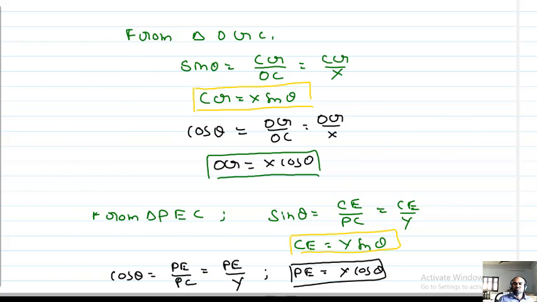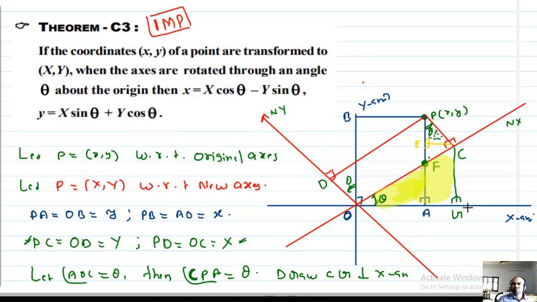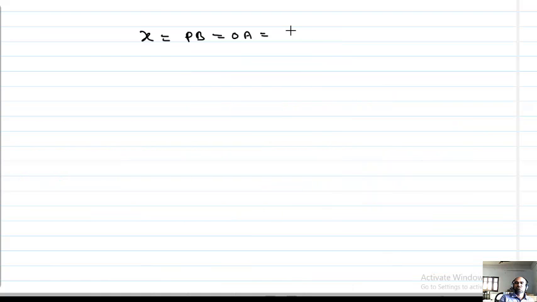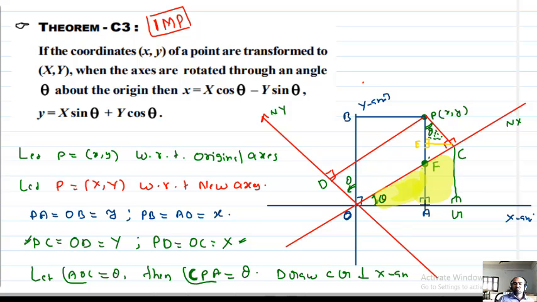What is OA? OA means OG minus AG. Observe from the diagram. Instead of AG I can write EC, rectangle, no?